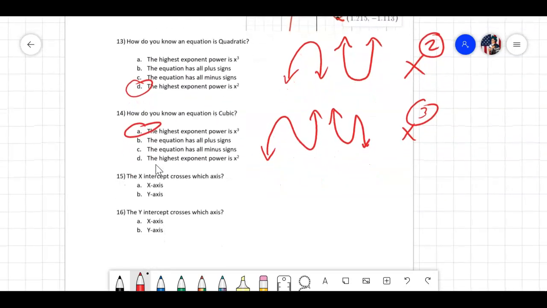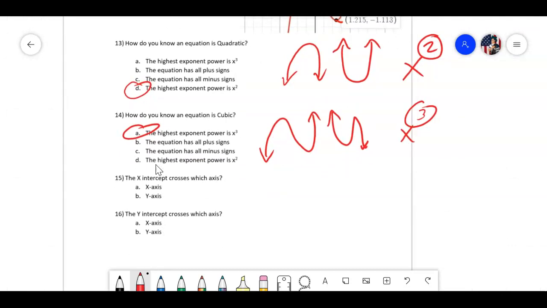And then this is stuff that Miss Morero loves to teach about. The x-intercept is when the y is 0 and it's on the x-axis. The y-intercept is when x is 0 and it's on the y-axis.